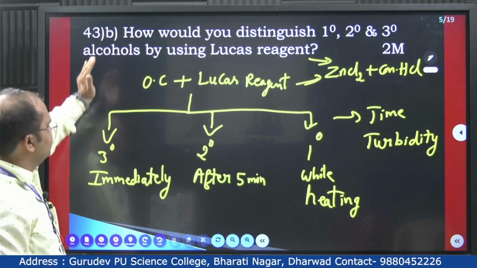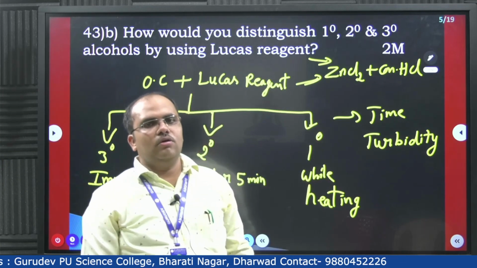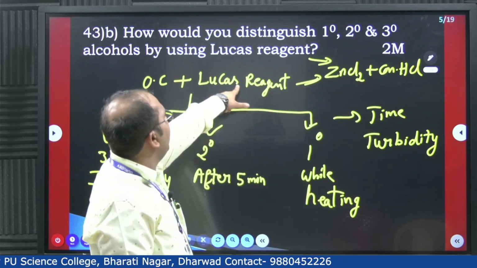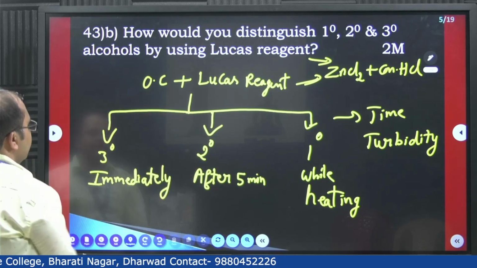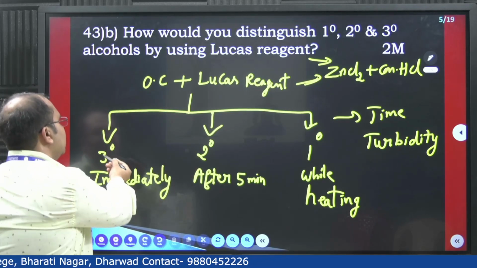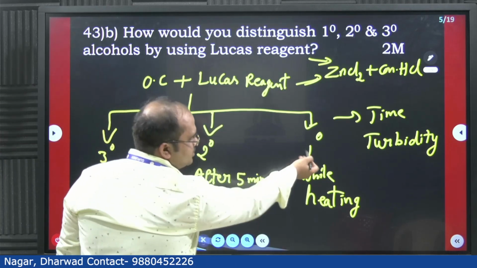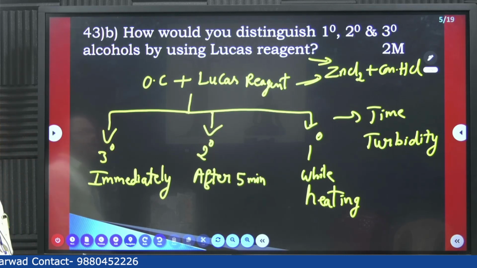So here we distinguished primary, secondary and tertiary alcohols by the turbidity time. By the addition of Lucas reagent, that is zinc chloride in concentrated HCl, the turbidity is formed: for the tertiary, immediately; for the secondary, after 5 minutes; for the primary, only while heating.